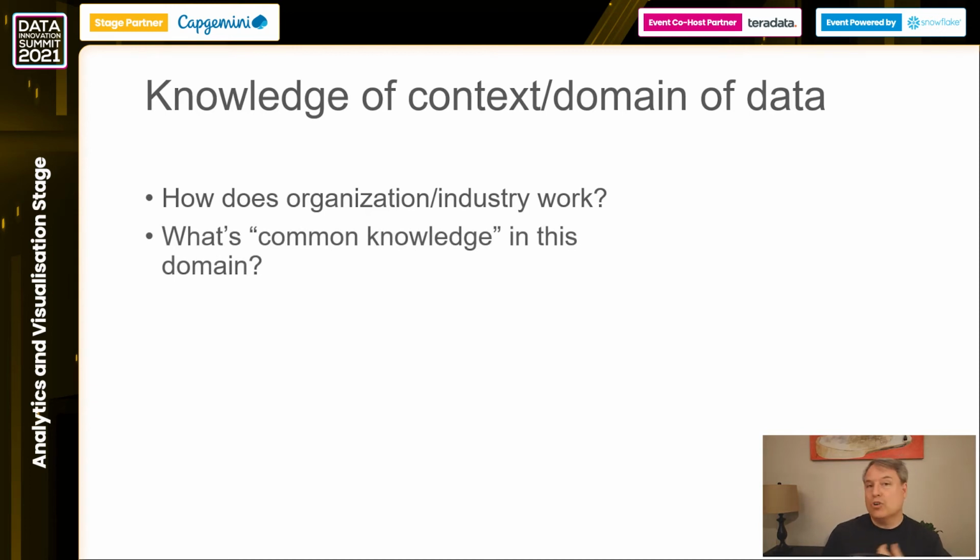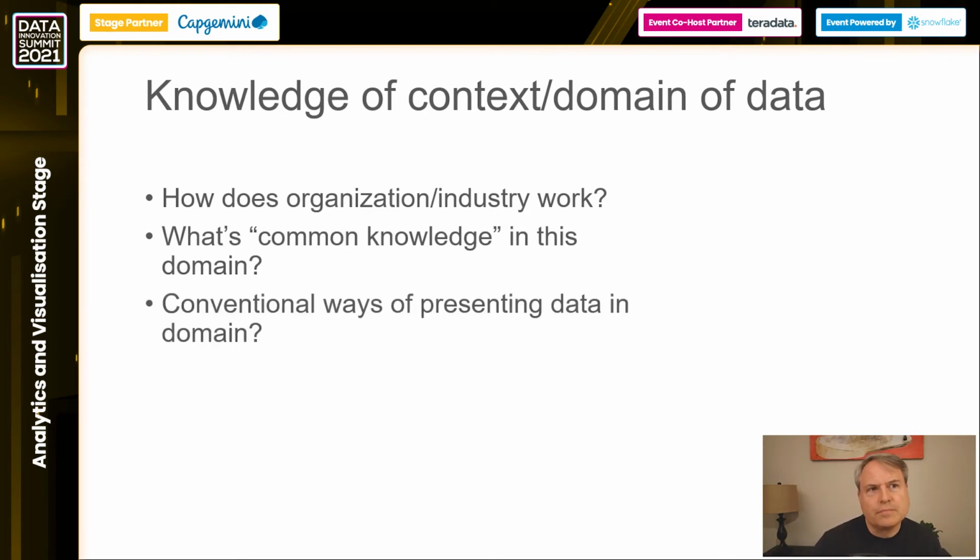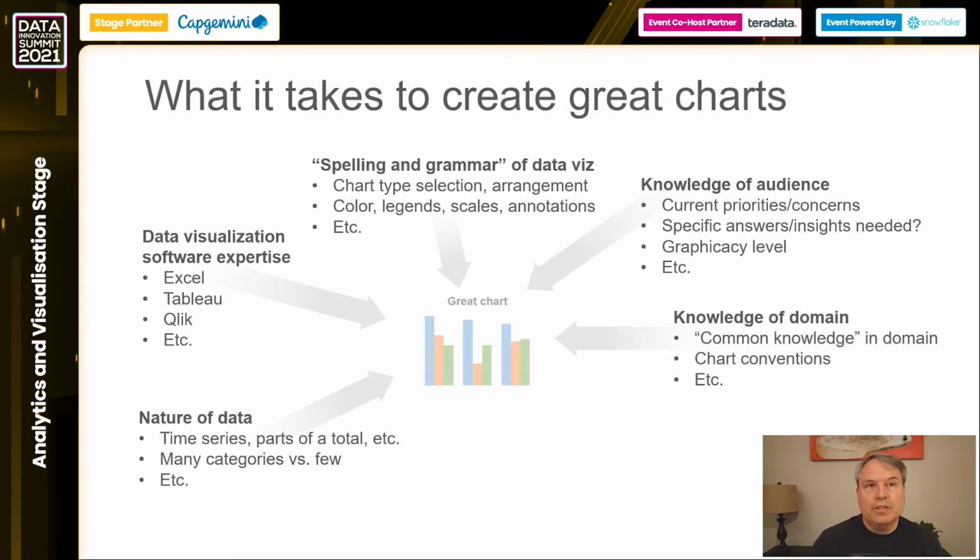And what is common knowledge in this domain so that you don't tell people things that they already know? Or are there, again, conventional ways of presenting data in engineering or chemistry or whatever domain you're presenting data in? And if there are, you better be aware of them. And so, we have to have knowledge of the audience and knowledge of the domain. If we're lacking these things, then even if we have all of these, our charts are still going to be bad.